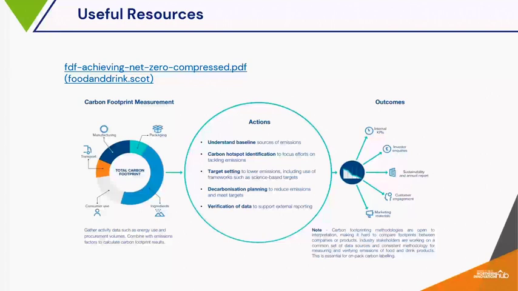These are a few resources. I'm going to quickly skim through those that I think are useful for you. These are resources available online that can guide you on your environmental and sustainability journey and data collection. So we have the Food and Drink Achieving Net Zero Handbook, which provides practical guidance for food and drink manufacturers to achieve net zero emissions, with some key actions for different businesses.